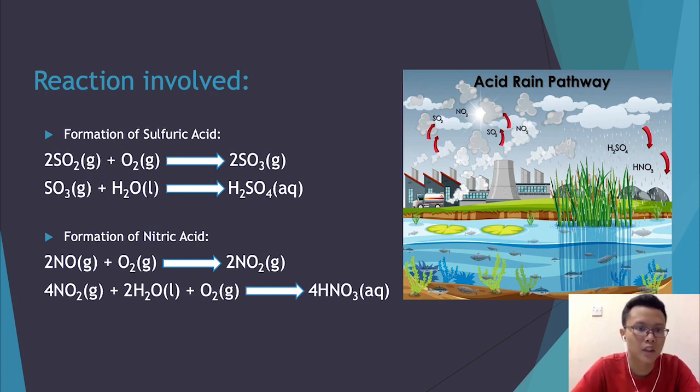Then the nitrogen dioxide will react with water and also oxygen to produce HNO3, which is nitric acid. This acid is also in the aqueous state, and both sulfuric acid and nitric acid will dissolve in the rainwater to fall down as acid rain.